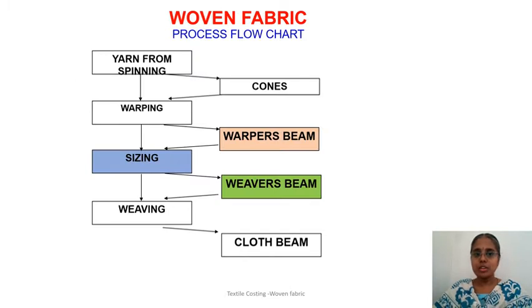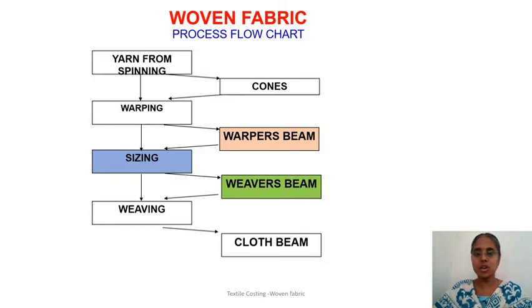As we know, for the sizing process, the warper's beam is the input. The warper's beam will have a smaller number of ends. Say if there are 10 warper's beams, each with 400 ends, then in the weaver's beam you will get 4000 ends. 400 into 10, you will get 4000 ends in the weaver's beam. So the calculation is actually the reverse.